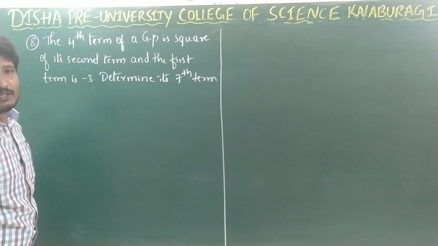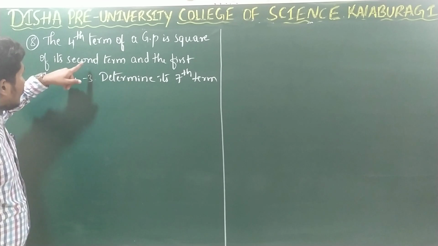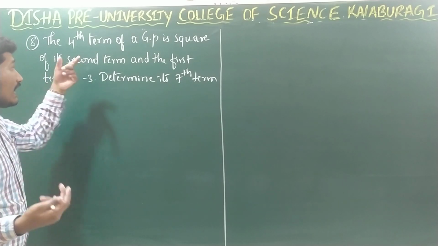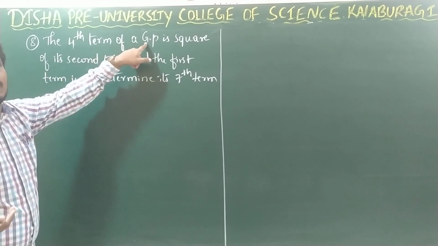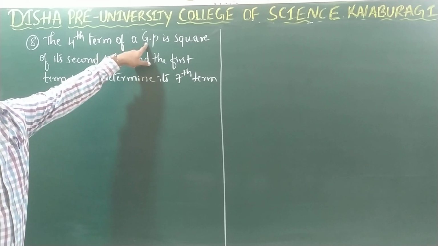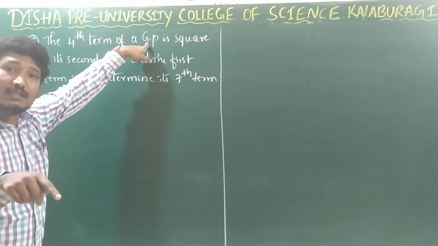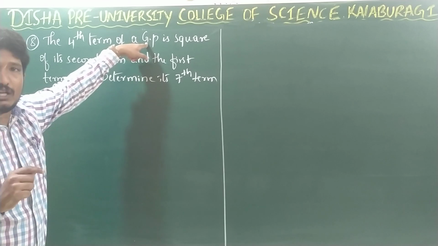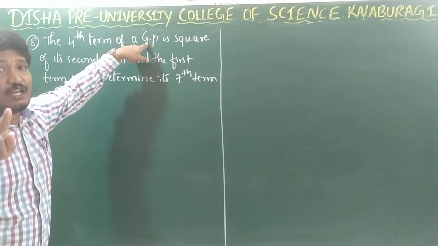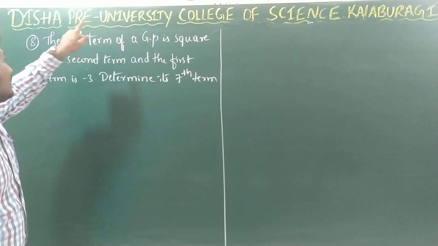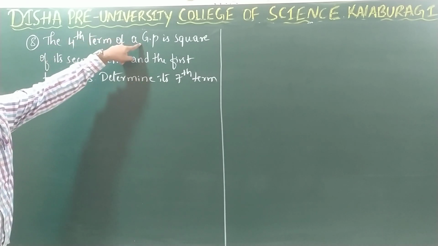What do you mean by this? When you square the second term of the geometric progression, the value that you get will be the fourth term of the GP.